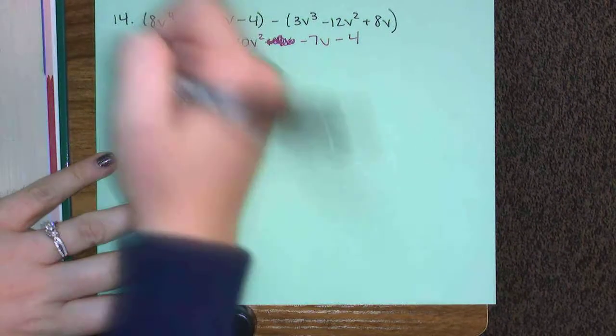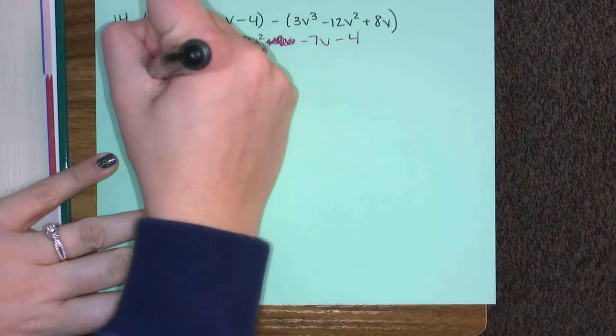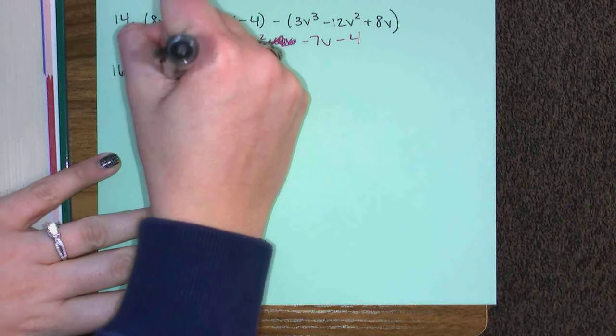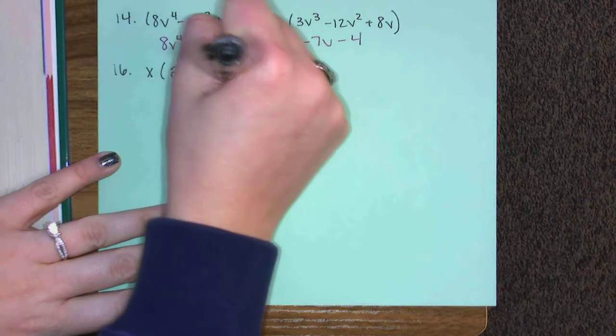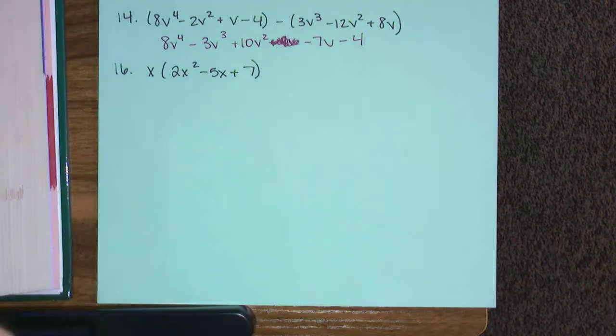Alright, 16. x times 2x squared minus 5x plus 7. So how does this work? Okay, distribute. So what do I get?